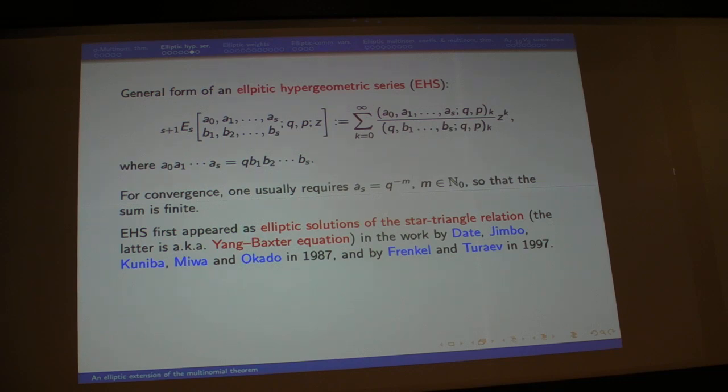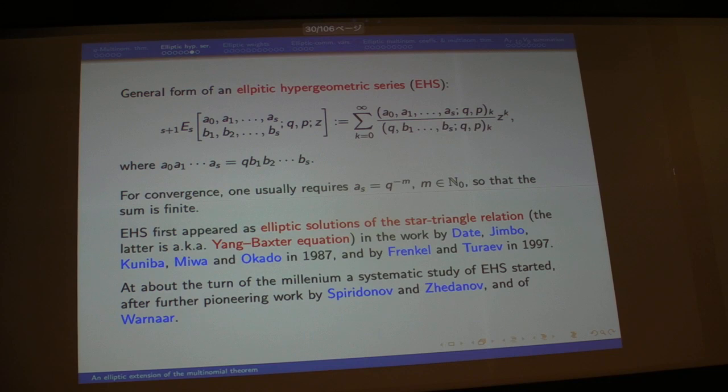For a little bit of history, elliptic hypergeometric series appeared implicitly as solutions of the Yang-Baxter equation, in the work of theoretical physicists already in the 50s and 60s. Then more explicitly it appeared in the work of a Japanese mathematical physicist in 1987, and 10 years later in the form of explicit identities satisfied by them, by Frenkel and Turaev.